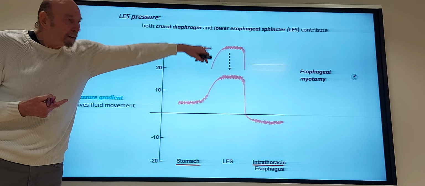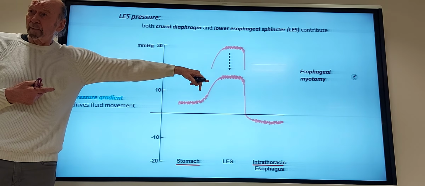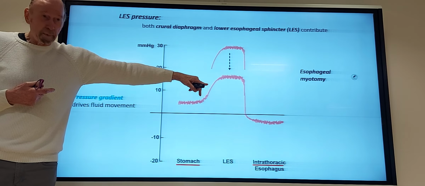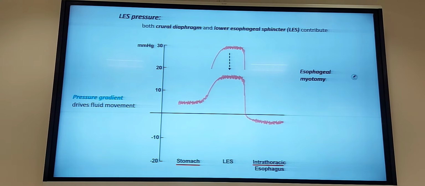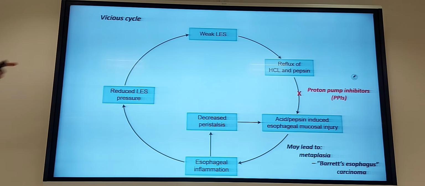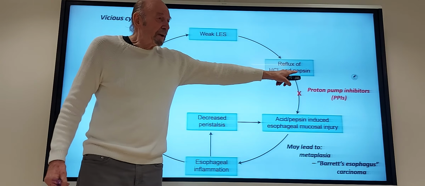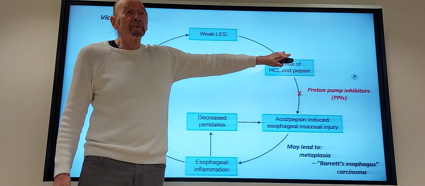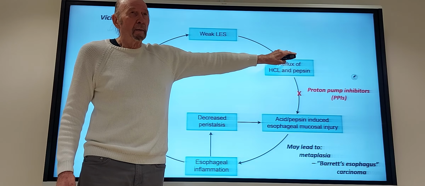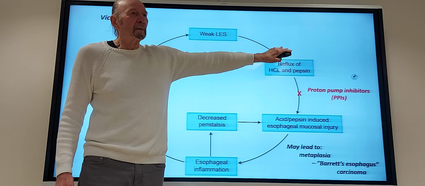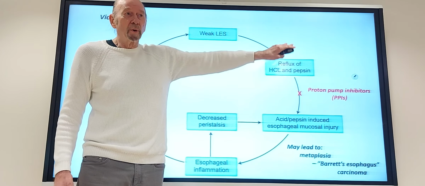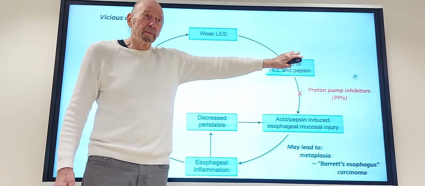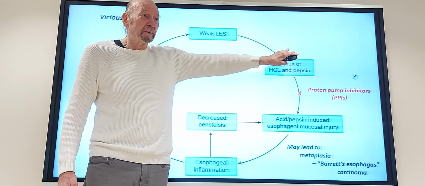So anyway, this is what happens, right? Pressure goes down because you lost half of it. You still got the diaphragm working, but you lost half of it. This cartoon shows basically what happens: you have reflux. If you have acid and pepsin, those are the major ones. If you remember, the optimum pH for pepsin activity is acidic. So if you have acid, pepsin is working very nicely to destroy your tissue.